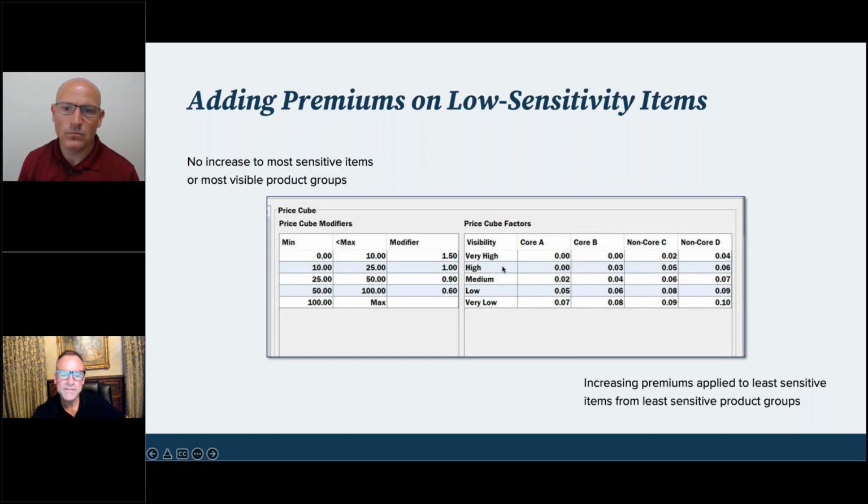But equally importantly, for companies that want to make a little bit more money on their vendor cost increases, maybe because they have long lead times, very scarce availability, you can actually move them from one row to another within this table to be able to extract more premium. You could take a high visibility product family that's going through supply side constraints, and you can move it down to medium.